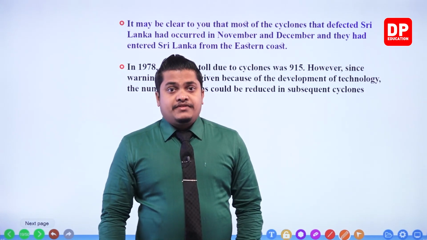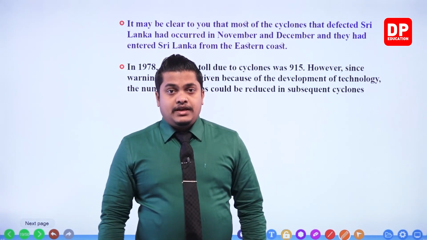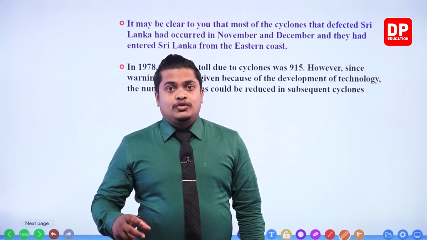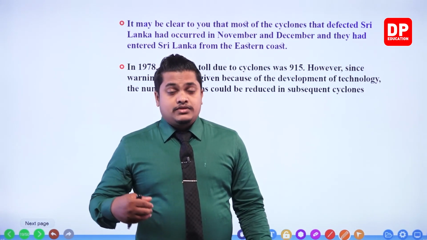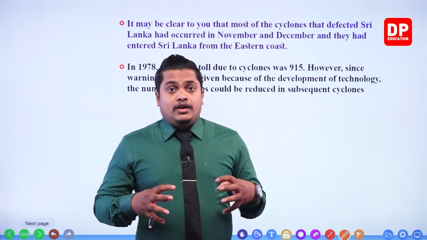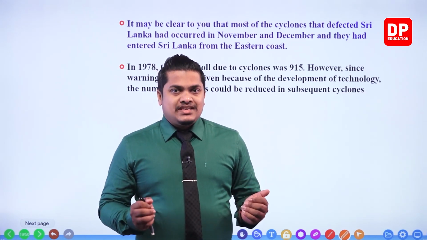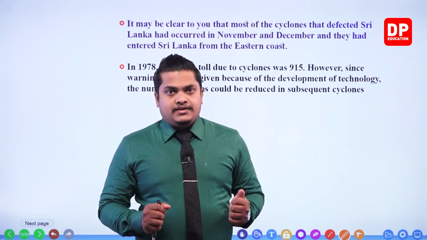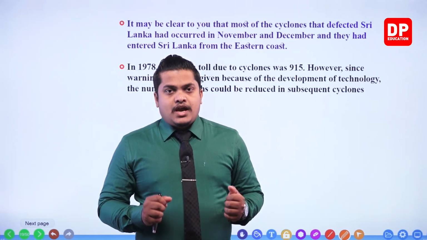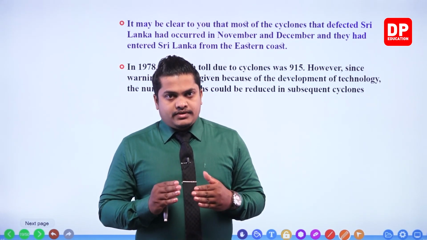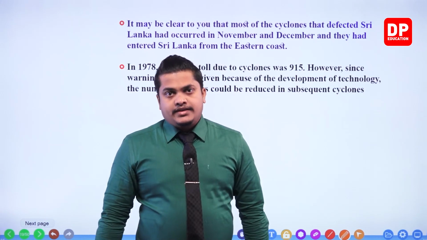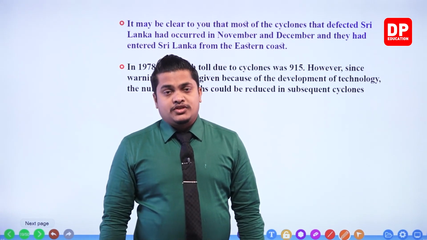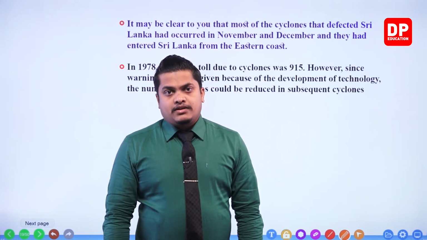And my dear children, if there is going to be a cyclone, then definitely through mass media or different kinds of information systems, we receive the information that we need, right? And because of that, my dear children, we can actually minimize the death toll and the disasters which are going to happen because of the cyclones.